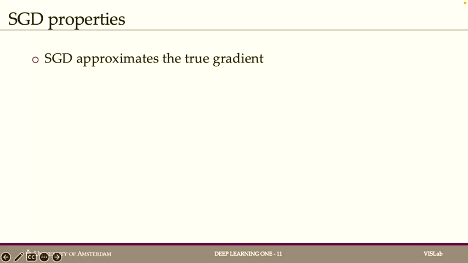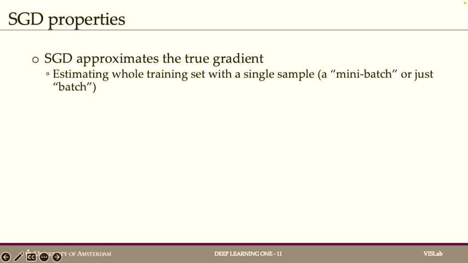SGD, stochastic gradient descent. As I said, it takes a couple of samples and then computes the gradient, and as such it approximates the gradient of the whole data set by just sampling a mini batch. Gradient descent can actually also get stuck easily, and so this stochasticity that comes from sampling a mini batch is actually quite useful.